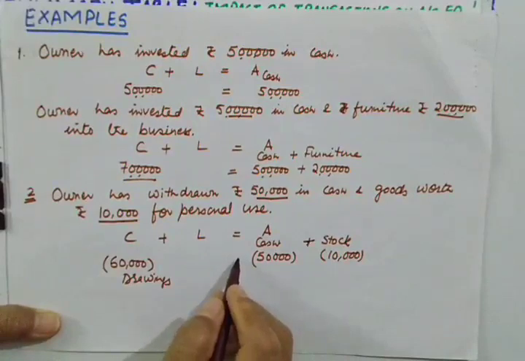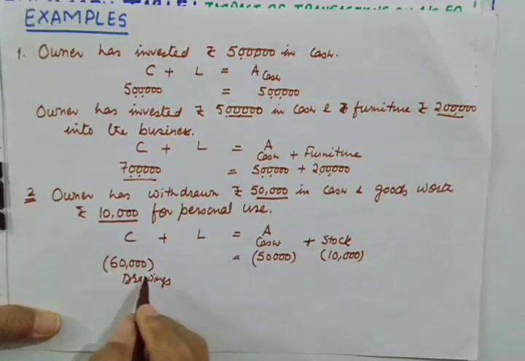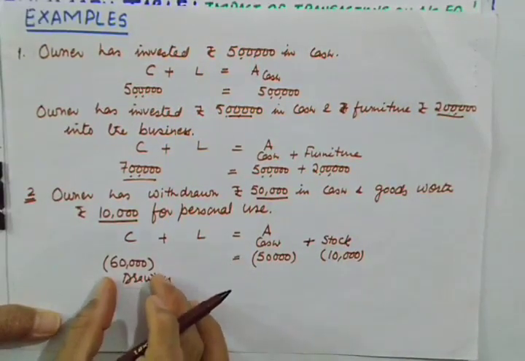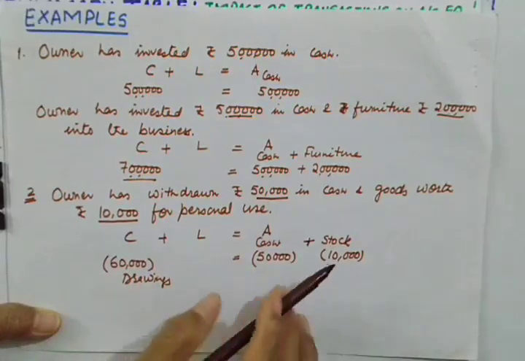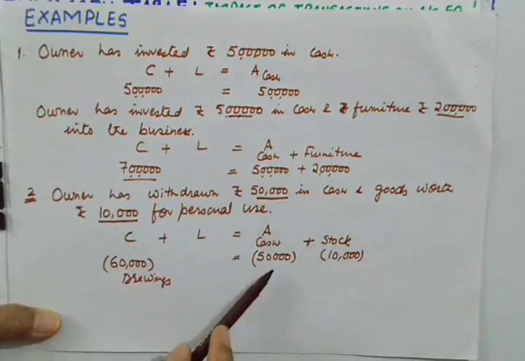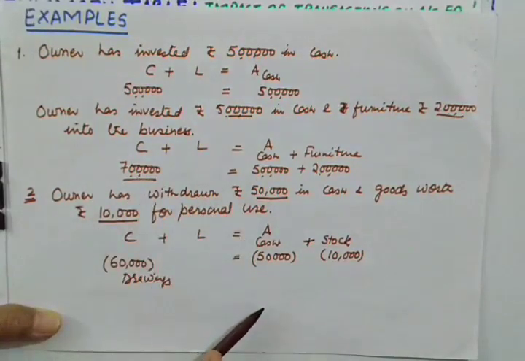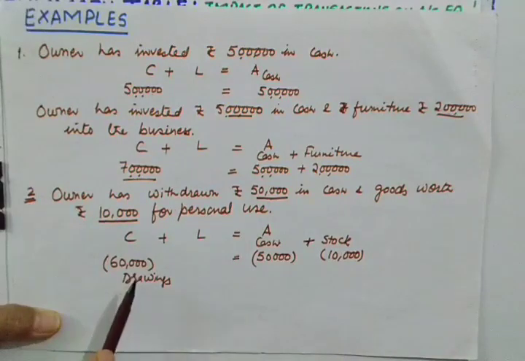So the impact of this transaction is the same on both sides. I am taking the impact of this particular transaction only, not connecting it with the earlier one. When we complete the impact of all the transactions, then we'll move to the numericals. I hope this impact is clear. His capital will reduce by 60,000. Why 60?